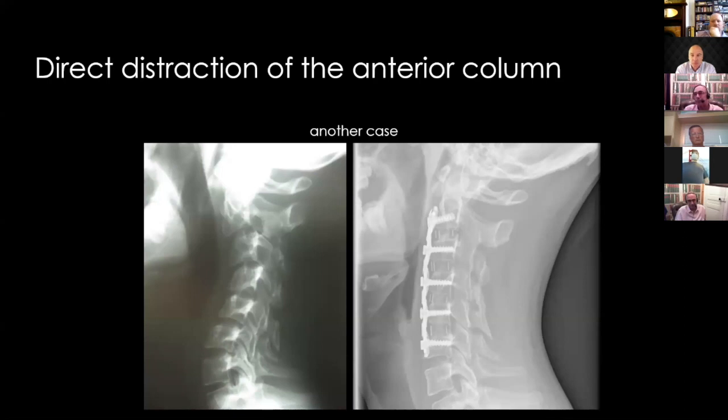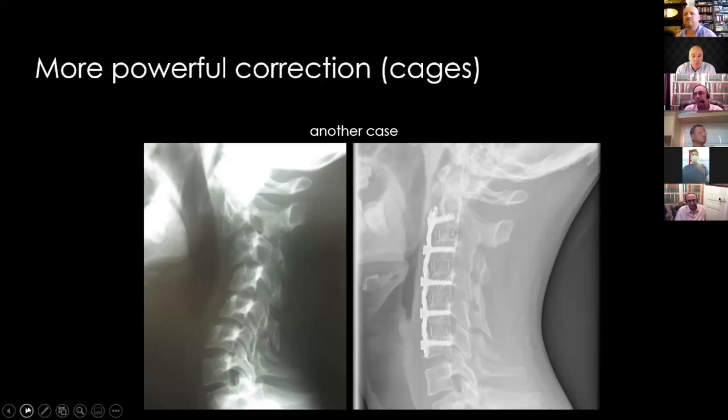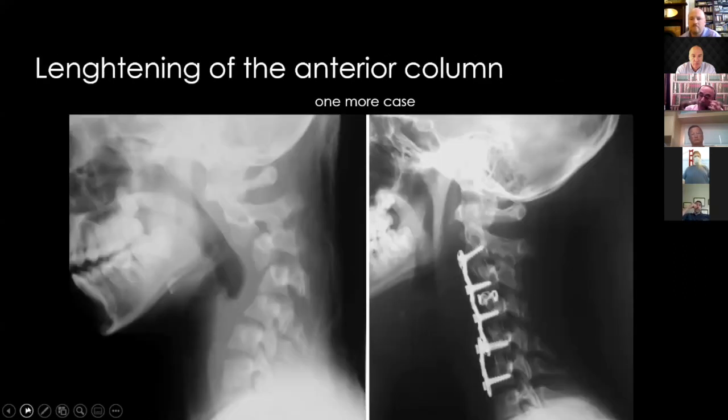And correction is also gained by lengthening of the anterior column instead of shortening it through the posterior approach.